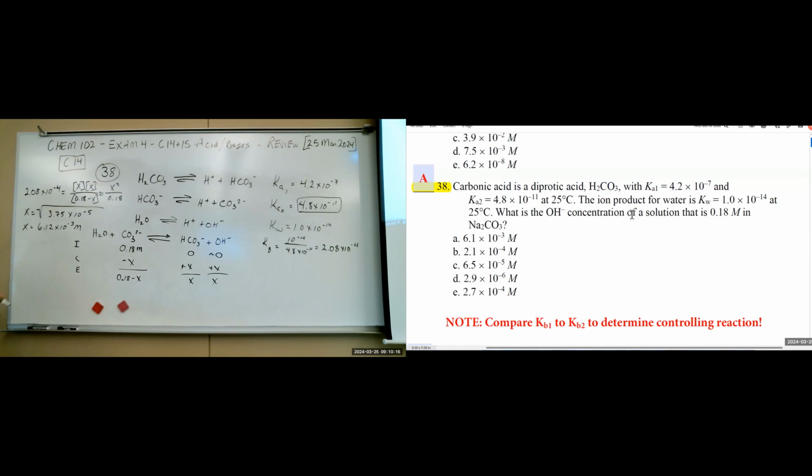Well, actually, no. What you would do is put the X in here, here, and here, and calculate the K value and compare it to that one. So if we did that, let's take that value and square it. Okay. And then divide it by 0.18.